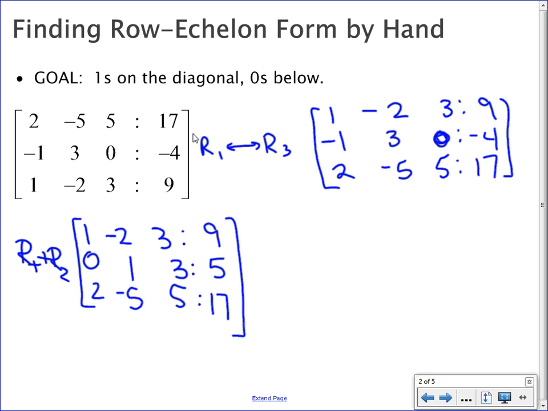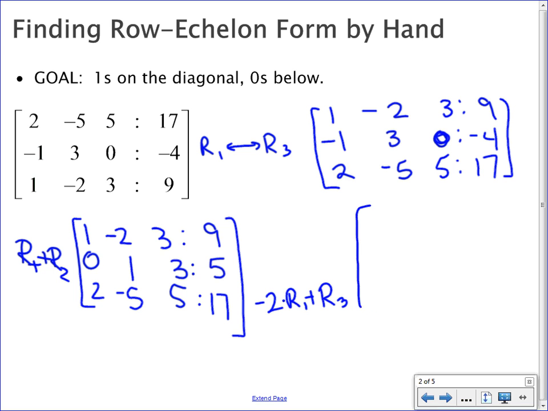Okay. Now we need this to be a 0, don't we? Okay. We can multiply row 1 by -2 and add it to row 3. Right? So -2 times row 1 plus row 3.